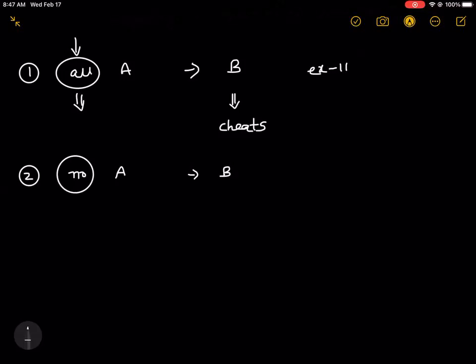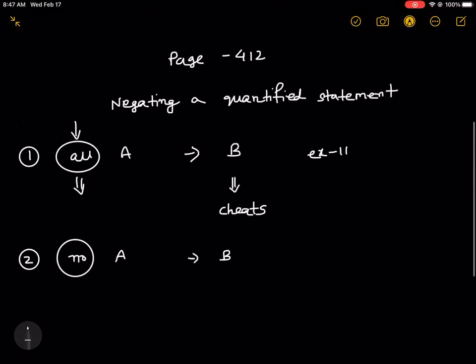You want to prove me wrong because I started with the statement, so you are negating it. That means you are trying to impose something opposite to what I stated.